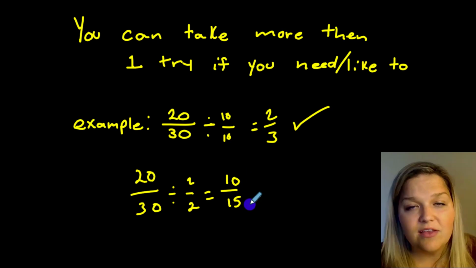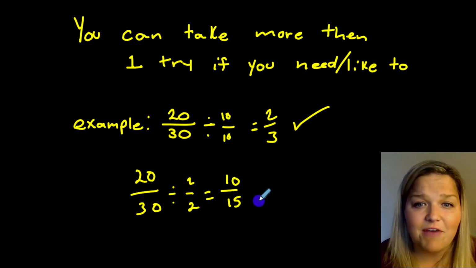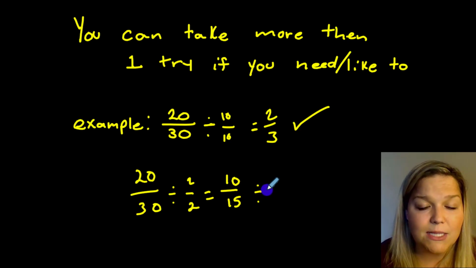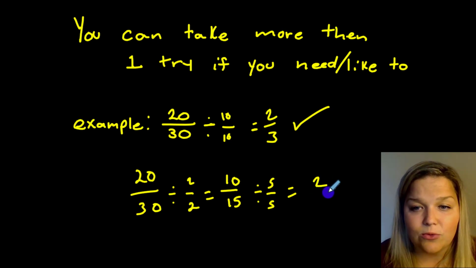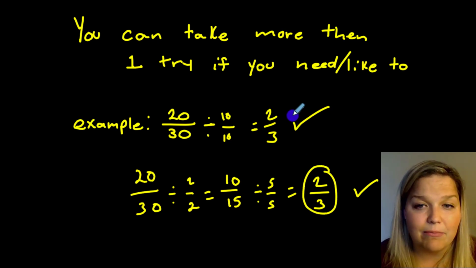And then all of a sudden you might say, my divisibility rules show me a 0 and a 5, I know that 5 can go into that. So let's divide top and bottom by 5. 10 divided by 5 is 2. 15 divided by 5 is 3. Do 2 and 3 have any other common factors? They don't. It's lowest terms. Did we get the same answer?